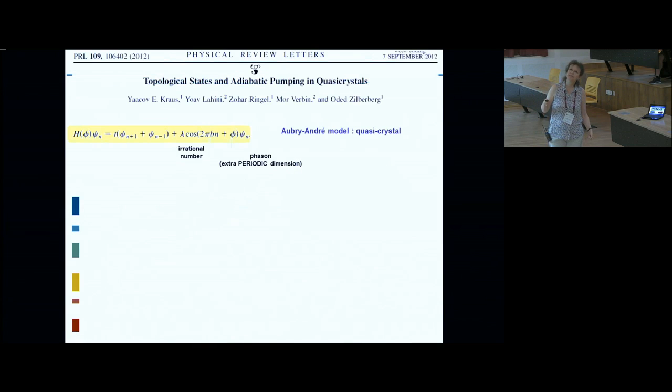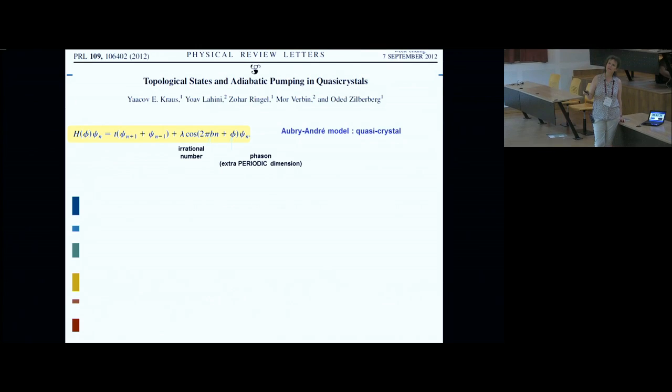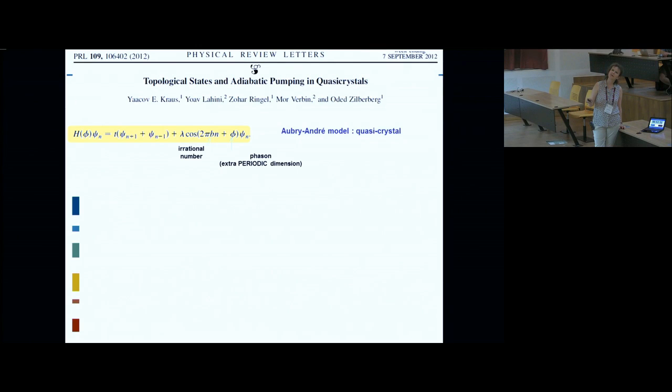Now that we have this quasi-crystal, I come back to this paper from 2012 from these five scientists, who I think were just postdocs chatting together and deciding that they were interested in topology. This is really amazing.